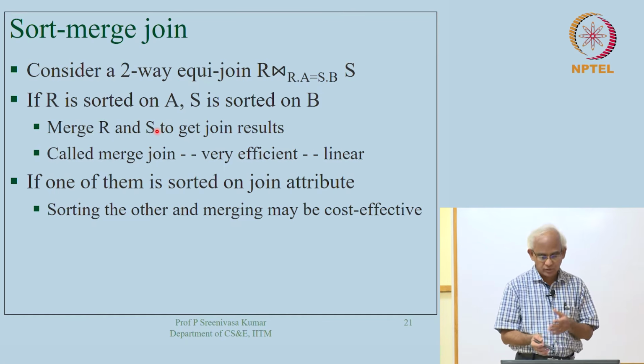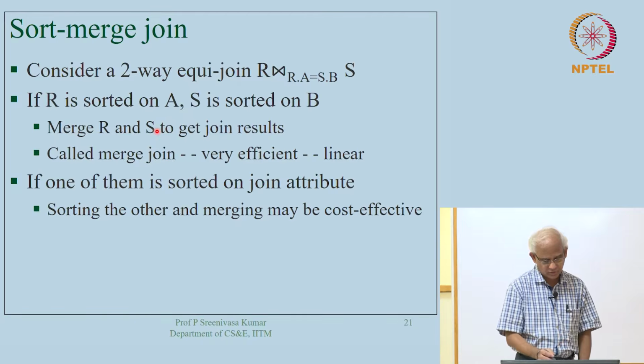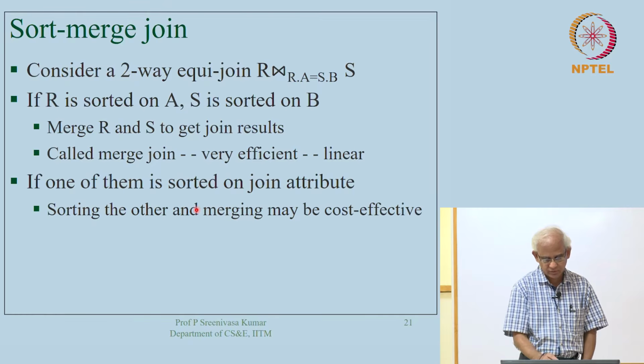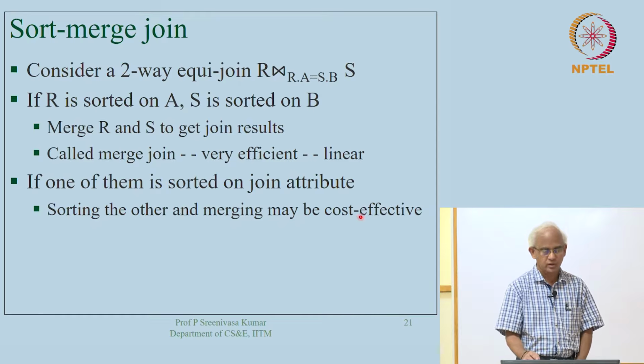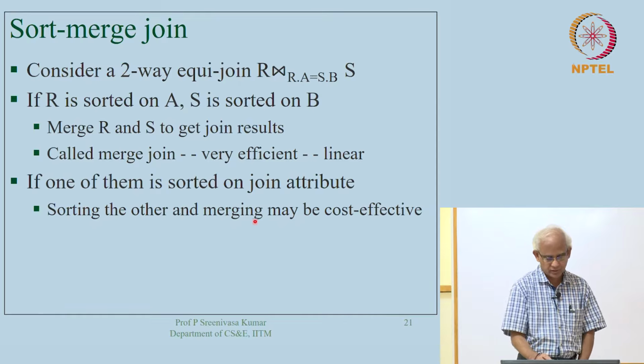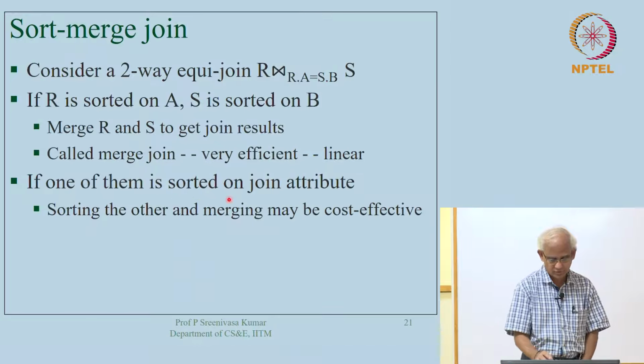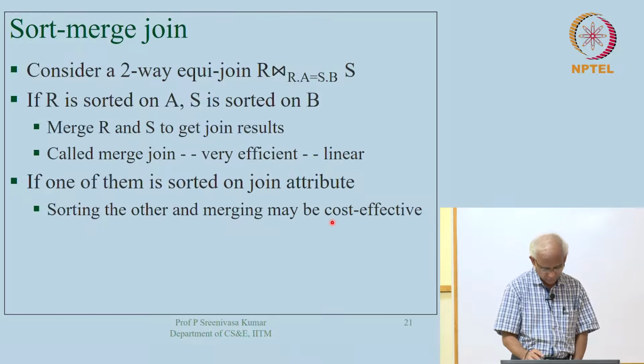So, you have to weigh the costs there. Sorting the other and then using the merging might be a cost-effective technique to produce the join result if one of them is sorted on the join attribute.